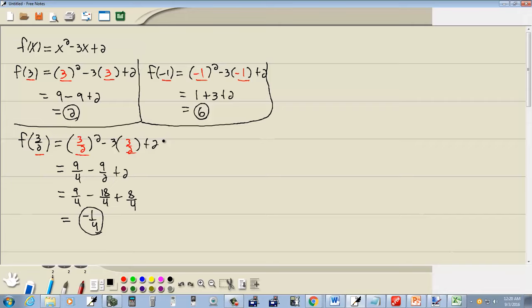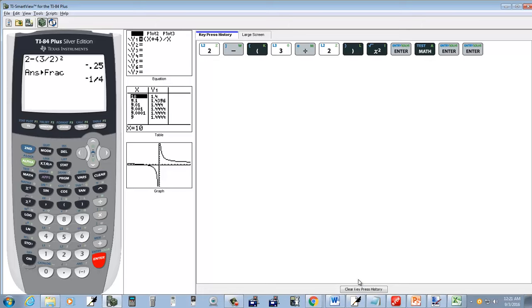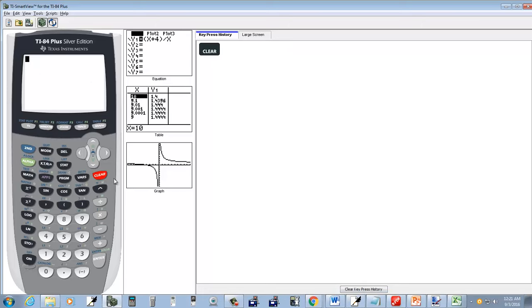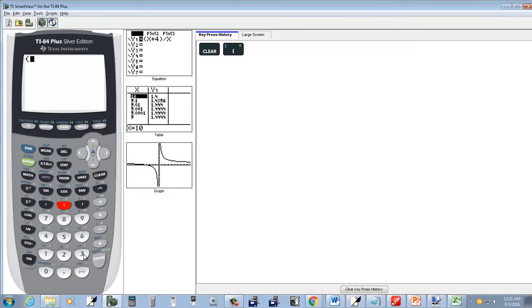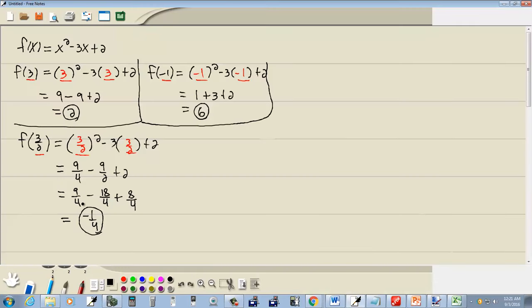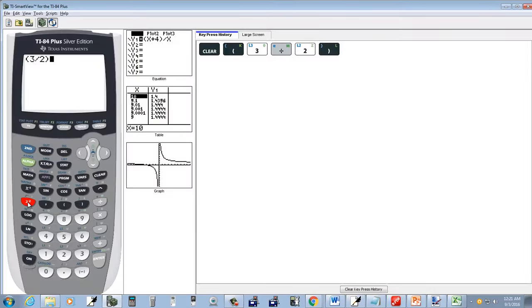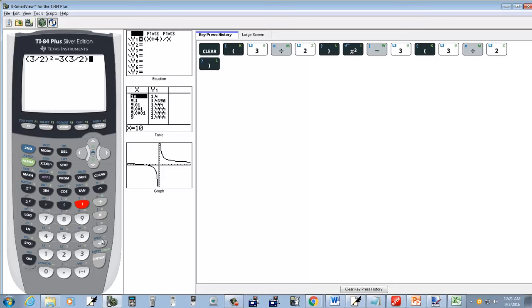Now that one I could plug into my calculator if I have a TI-83, TI-84. Works fairly well with numbers, not with variables. So we'll do a beginning parentheses, 3 divided by 2, closing parentheses, then a squared, minus 3, beginning parentheses, 3 over 2, and then plus 2.